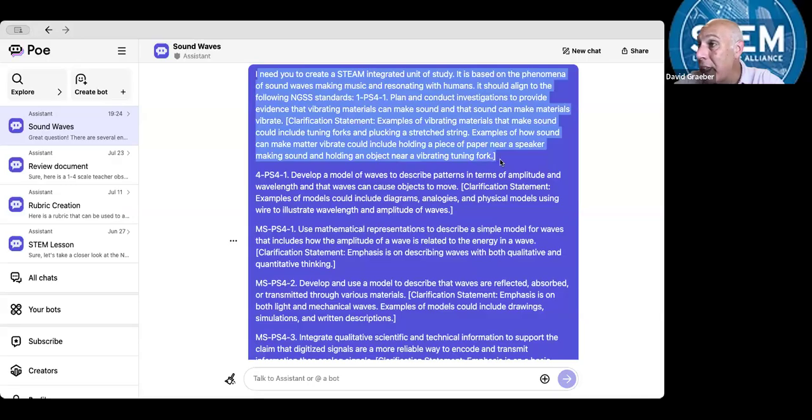I put in a clarifying statement. So look, this is not like Googling the Battle of 1812, or Googling how do sound waves work. That's going to give you 62 web pages that you've got to go through, et cetera. This really helps me organize based on how I want to organize. So the more specific you are with your prompt engineering, the better your results will be.